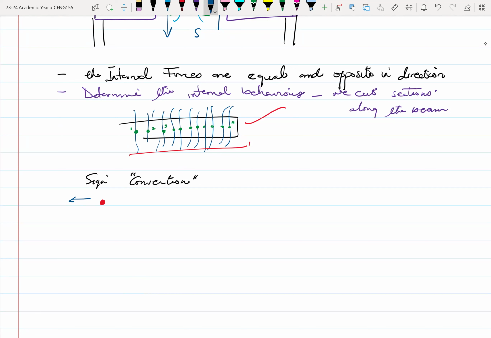And if you have it on the right going towards the other side, then it's positive.